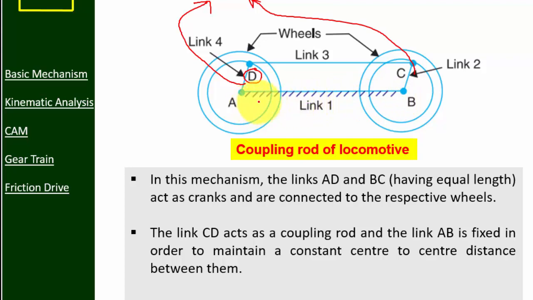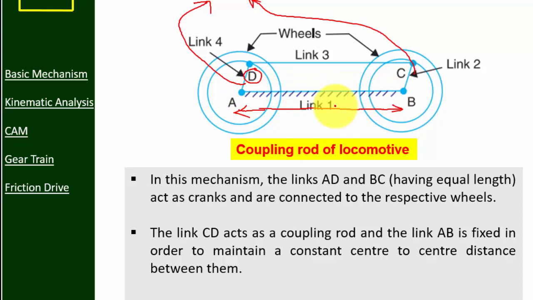Okay, so why is the link AB fixed? To maintain the constant distance between two wheels. In locomotive, for safety purposes, to avoid accidents, we always need to maintain the center distance between two wheels. In double crank mechanism, the link AB is nothing but the center distance between two wheels.